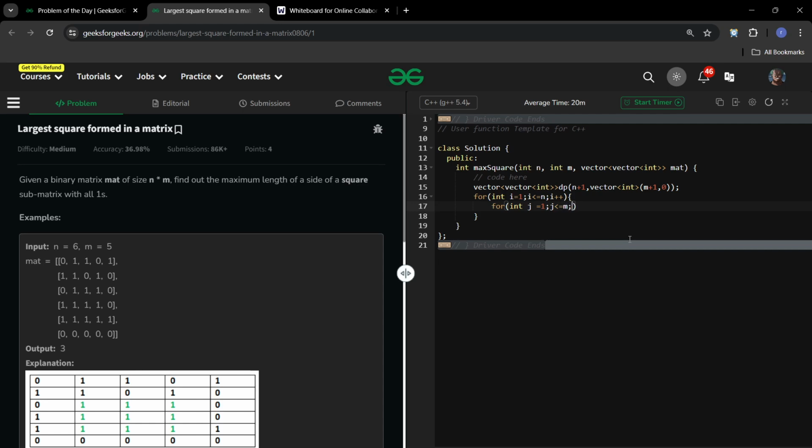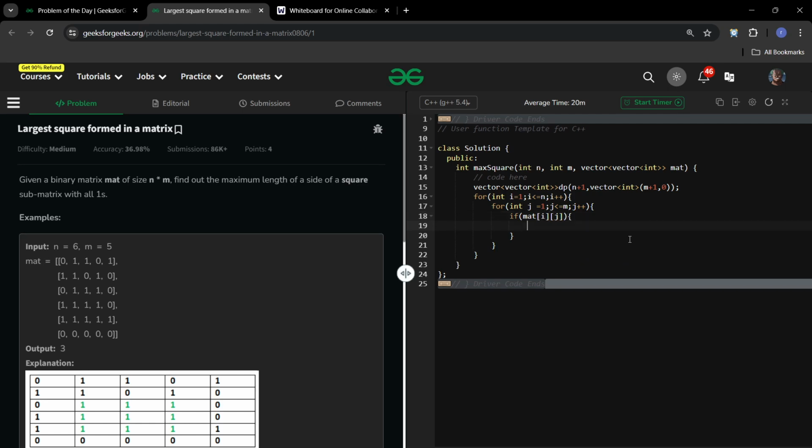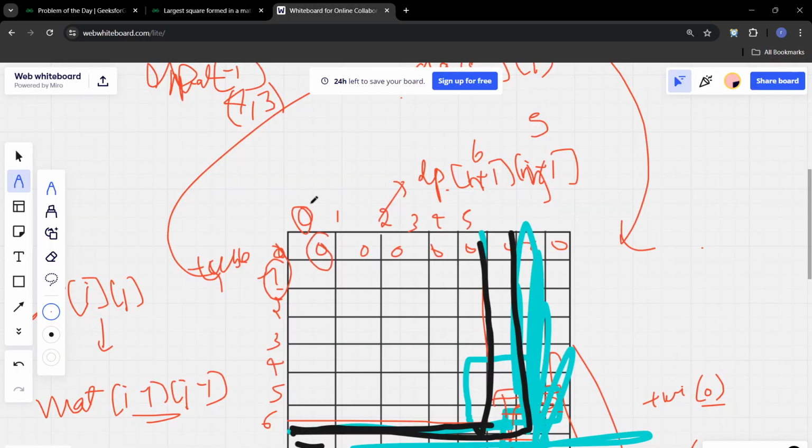j less than or equal to m, j plus plus. So now initializing DP. If matrix of i minus 1, j minus 1, I told you, 1-based indexing. If I take n here, matrix of i j, as I wrote, means the nth index will not be there, right? The n minus 1 index will be there. If it is not 0, it can be there.